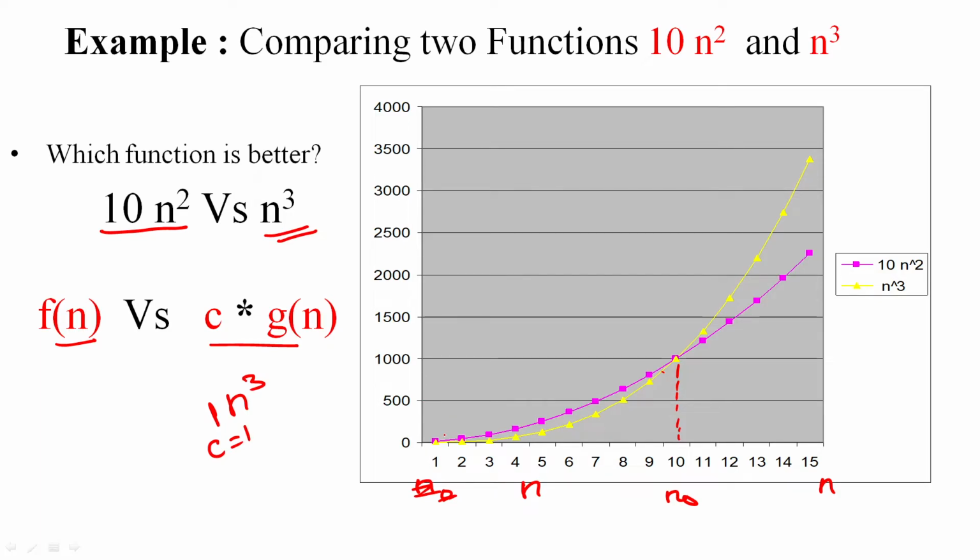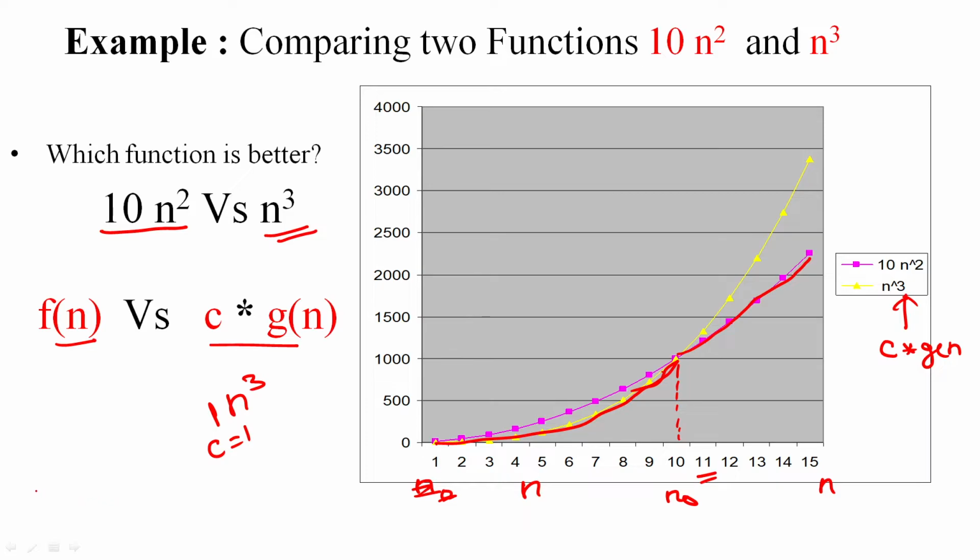Until n0, look at this yellow line, which is c into g of n. Until n0, c into g of n is less than f of n, so until here this function does not satisfy the big O notation. After n0, when you increase the input size to 11, f of n is always less than c into g of n.